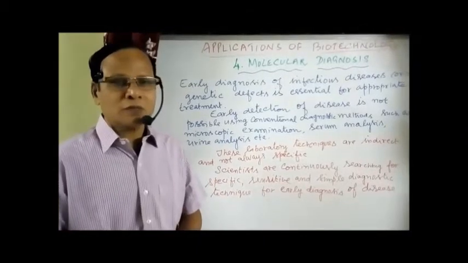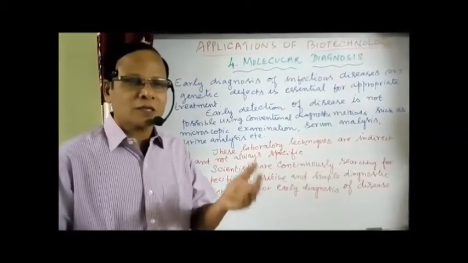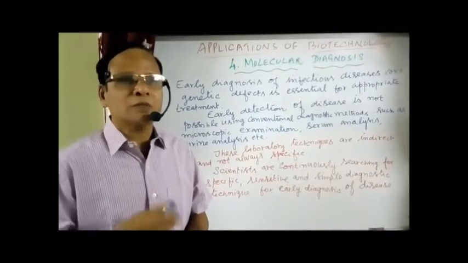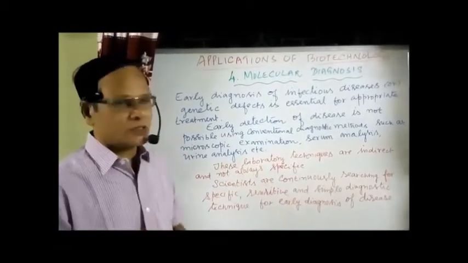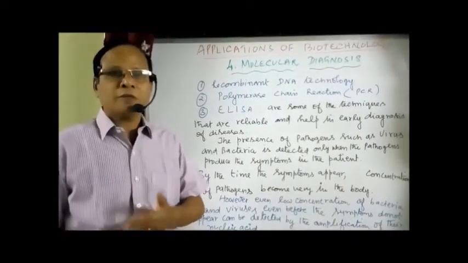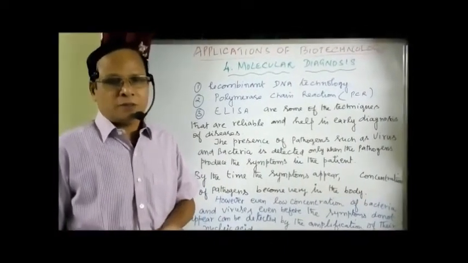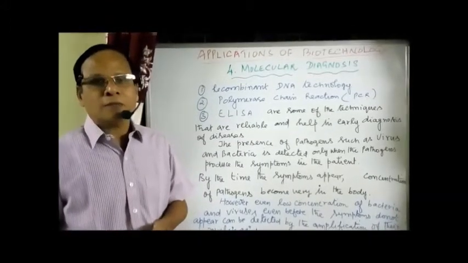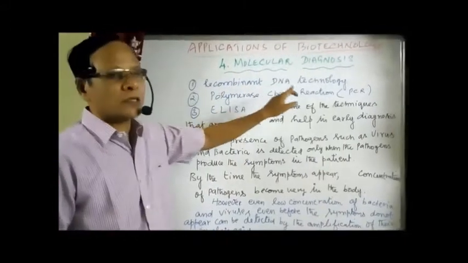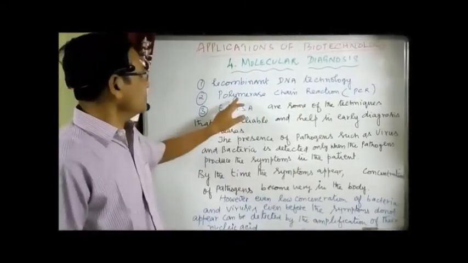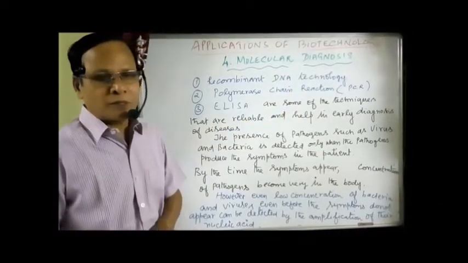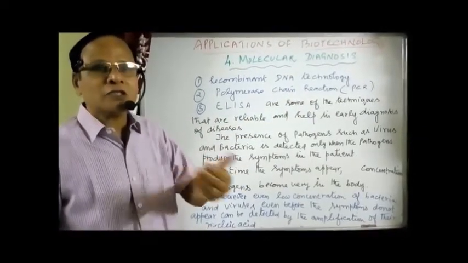Now, there are three different methods which are highly reliable and help in diagnosis of the disease. Other than the conventional methods, the reliable techniques that help in early diagnosis are, number 1, recombinant DNA technology. Number 2, polymerase chain reaction, which we will discuss later. This is concerned with the amplification of genes.